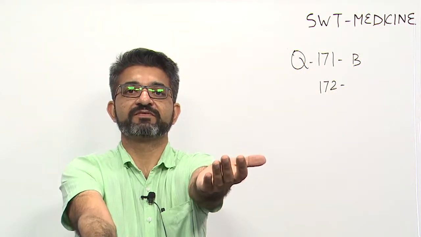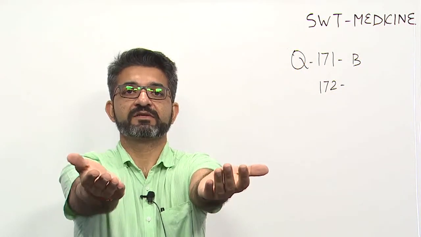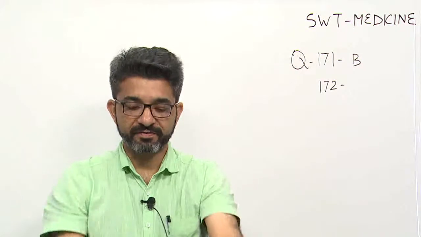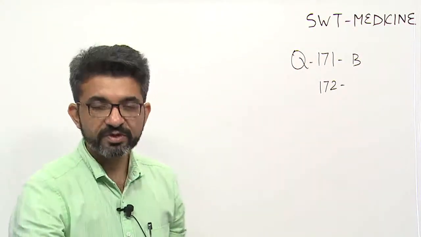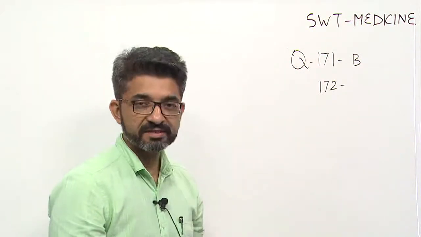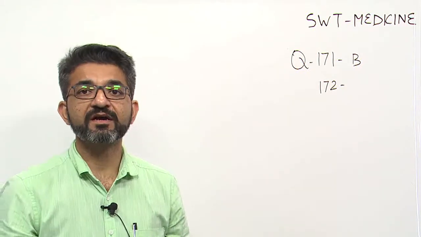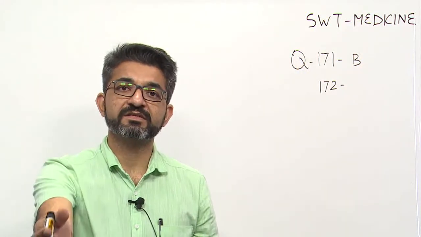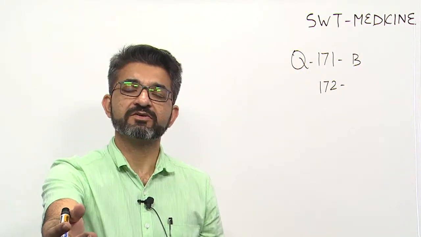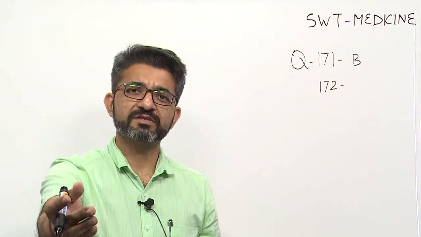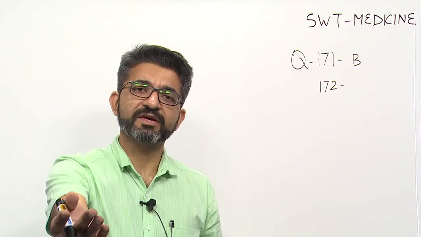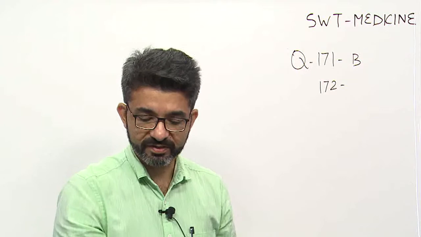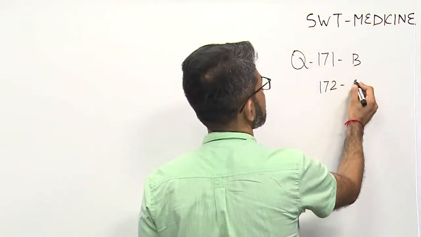This is normal, this is pronator drift. So, motor neuron disease can have pronator drift. Even in early stroke where there is spasticity, you may have pronator drift too. So, answer is C.